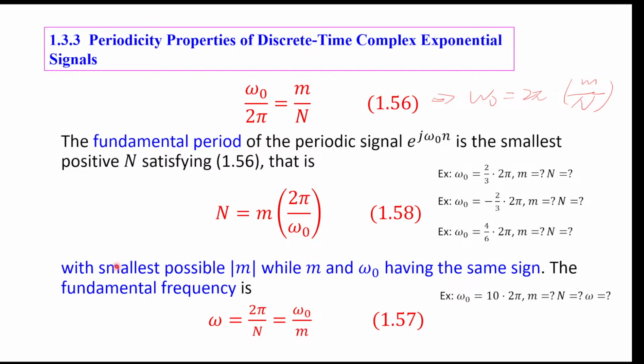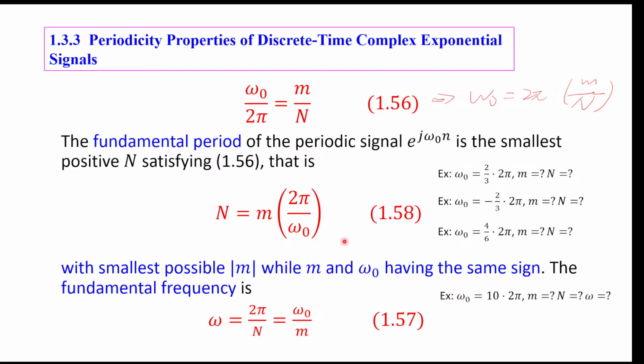Then you can move things around a little more, and you see that N should be m times 2 pi divided by omega naught, and then the fundamental period will be the smallest N that satisfies this equation.